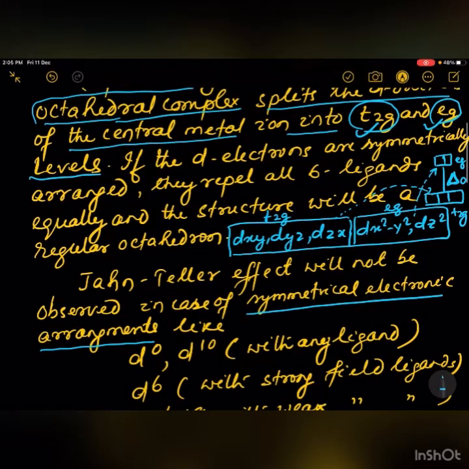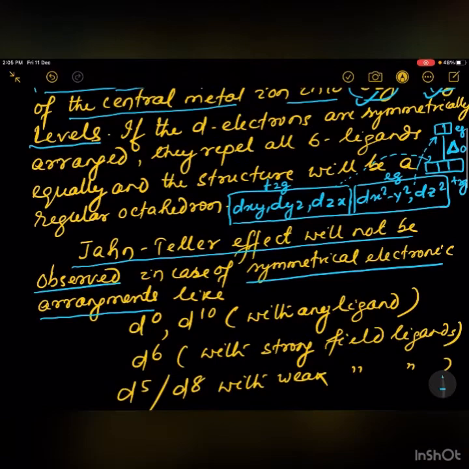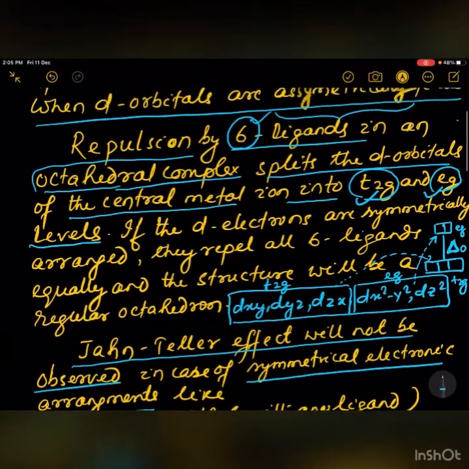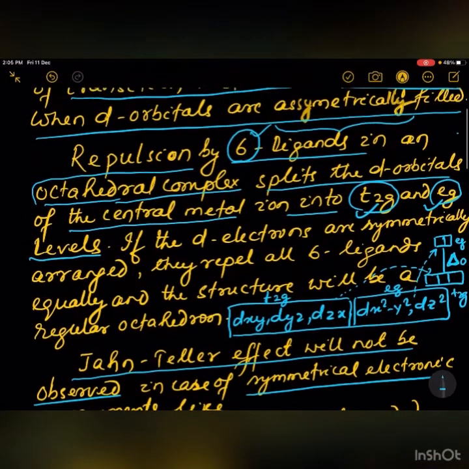If the d subshell of the central metal ion is symmetrically filled with electrons, then Jahn-Teller effect will not be observed. This effect is observed when the d orbitals are asymmetrically filled.